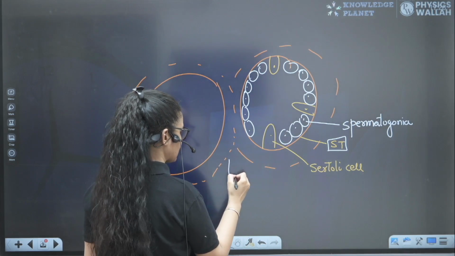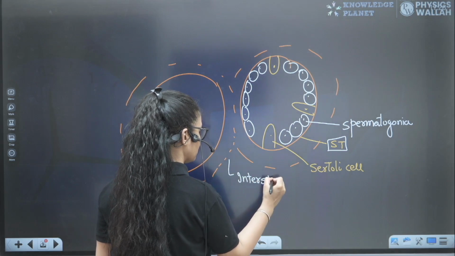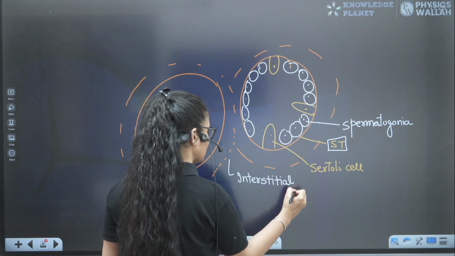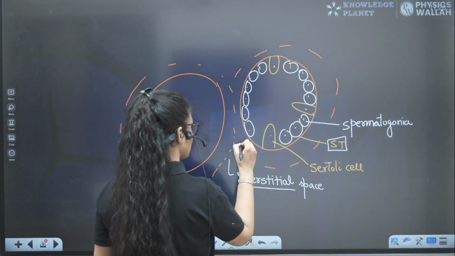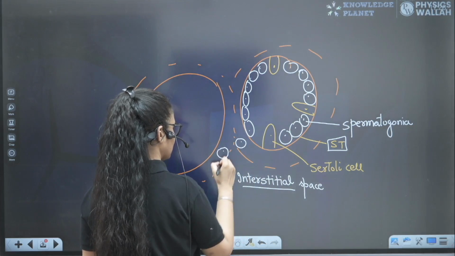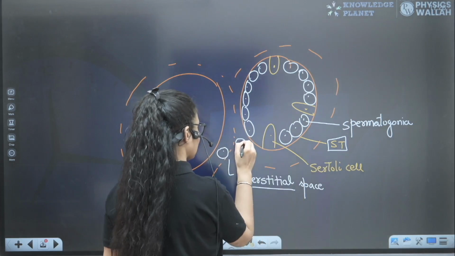And this space means interstitial space. Interstitial means space. This interstitial space has a special cell, which is known as the Leydig cell. Right?